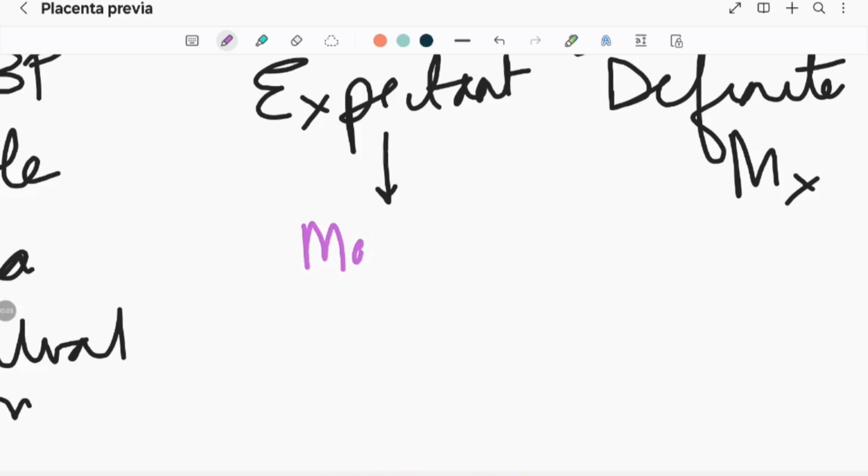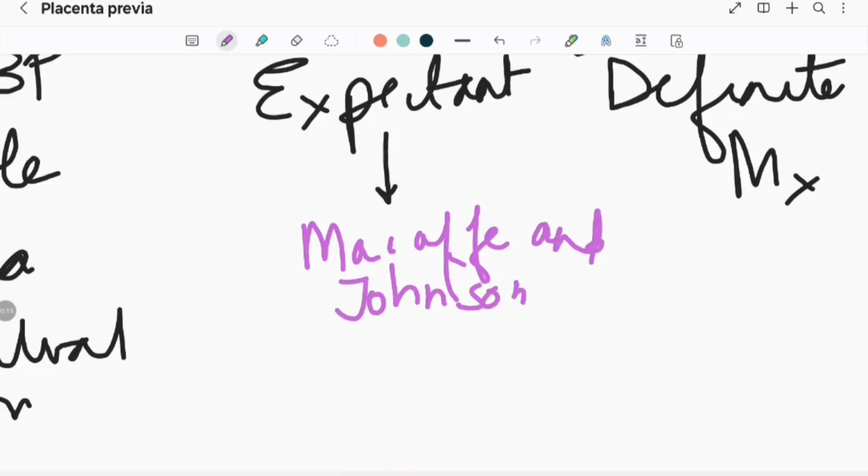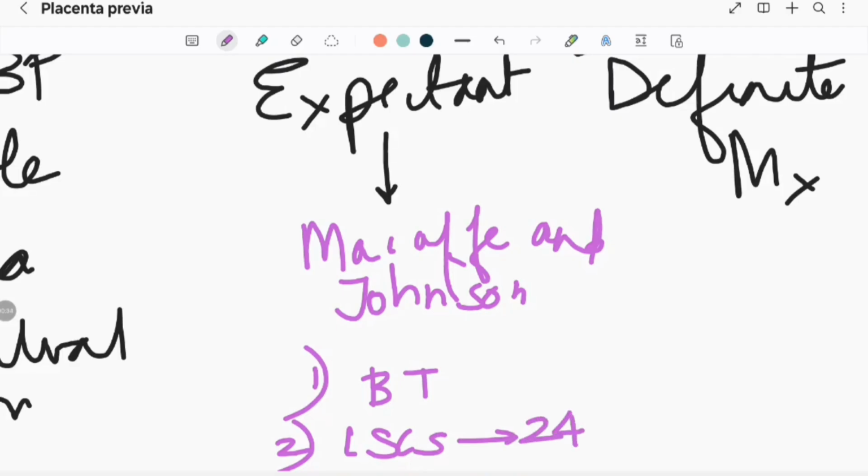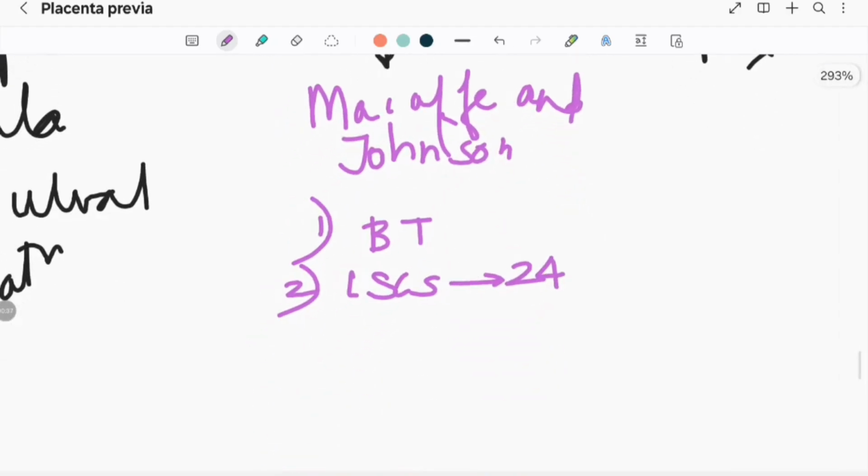There is another criteria for expectant management, that is McAfee and Johnson's criteria. So in this criteria, there are vital prerequisites. So what are the prerequisites here? The availability for blood transfusion. Then the second criteria, it should be that facilities of LSCS should be available for 24 hours after the patient has been admitted and is stable.